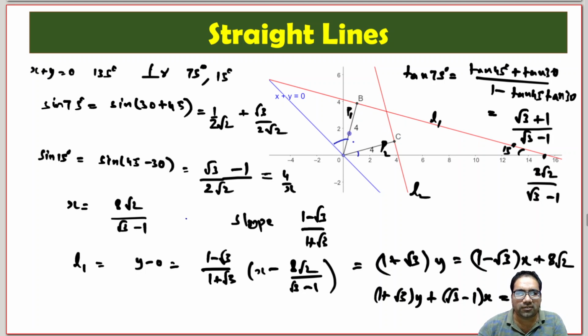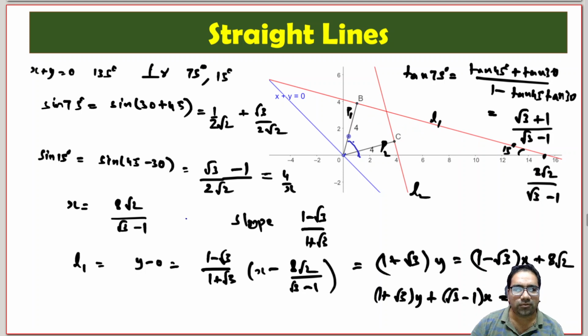Then what exactly will be the slope of this OB? For example, if we take OB, then the slope of this line is tan 75 degrees. Tan 75 is tan of 45 plus 30, which is (tan A plus tan B) by (1 minus tan A tan B). So the slope of this line will become (root 3 plus 1) by (root 3 minus 1), right?